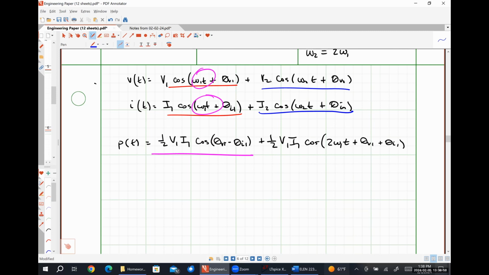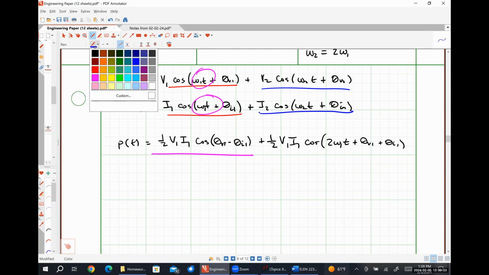When I multiply anything underlined in red by anything underlined in blue, I'm only going to get AC terms. The average value of the AC terms is always going to be 0 if omega 1 and omega 2 are related by an integer multiple of each other. So that's why I can add the DC terms together and just get the average power.